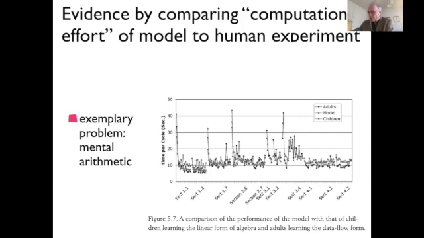So when people make these kinds of models, what they take as evidence is comparing something about computational effort to human experiments. And there are different ways of doing that, often reaction time or the time people need to achieve particular operations. Here's an example from mental arithmetic, which is one of their workhorse examples, where they have children or adults do certain operations, here characterized by the stages in an algorithmic procedure that people use to do mental arithmetic.